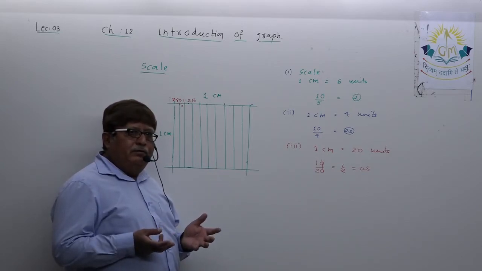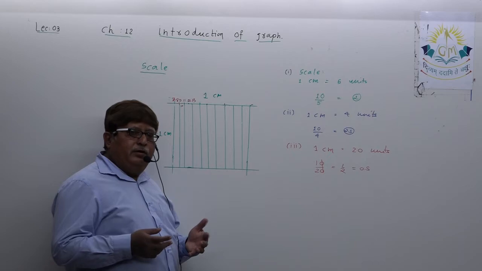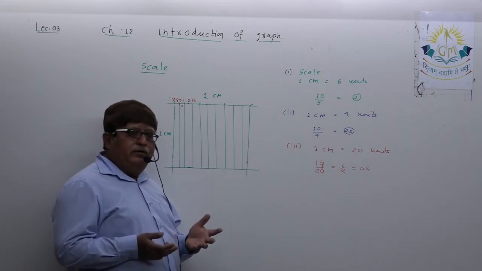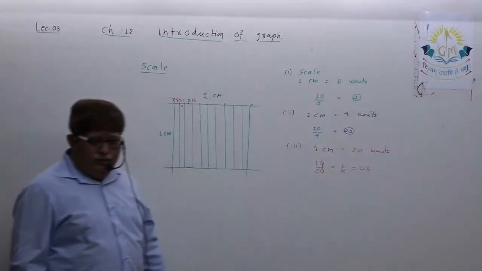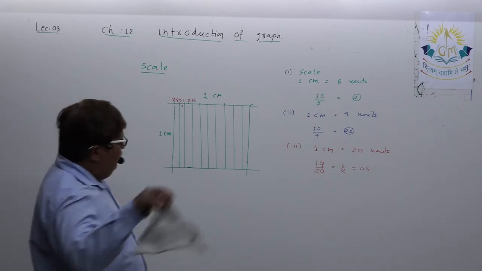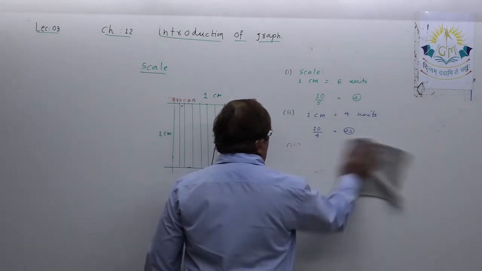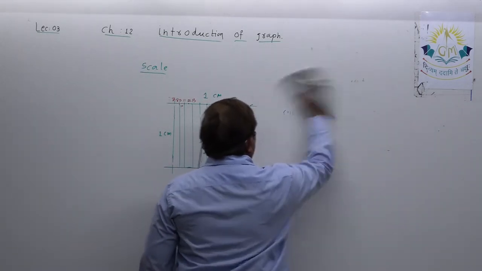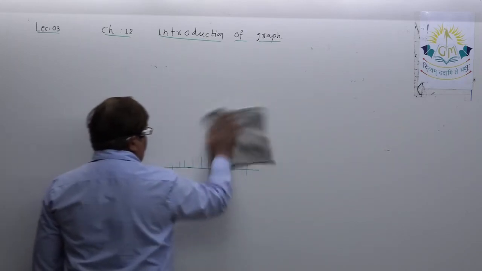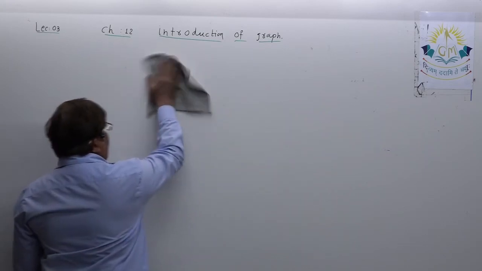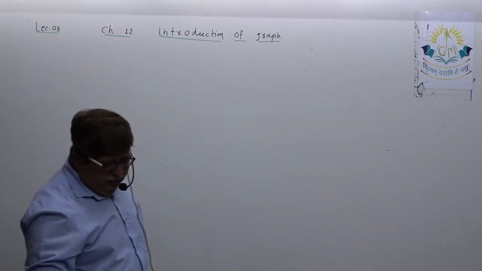Either you can take 1 centimeter equal to 100, or 1 centimeter equal to 20, 1 centimeter equal to 25, whatever is your choice. Okay, let us now write the question. A little knowledge of the scale factor is absolutely necessary for the next graph which we are going to solve, so you need to be very conscious of the scale factor.